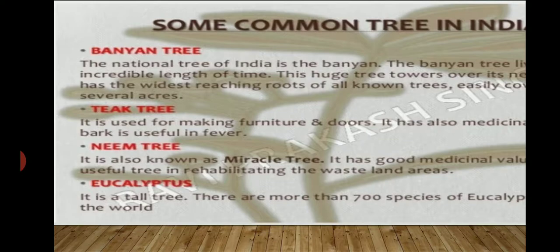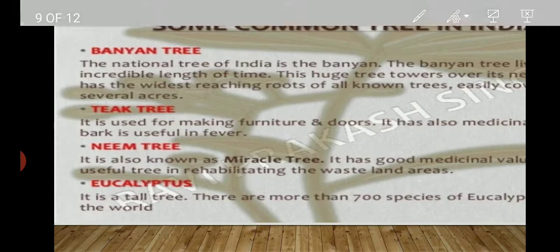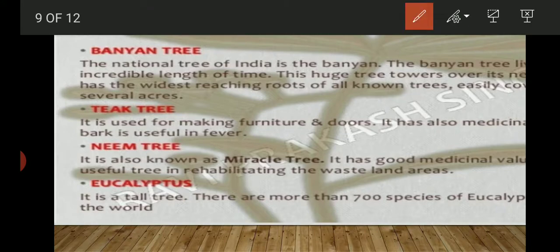The banyan tree is known as Ficus bengalensis, and it is the national tree of India. This huge tree has the widest reaching roots of all trees known, and it easily covers an area of several acres.